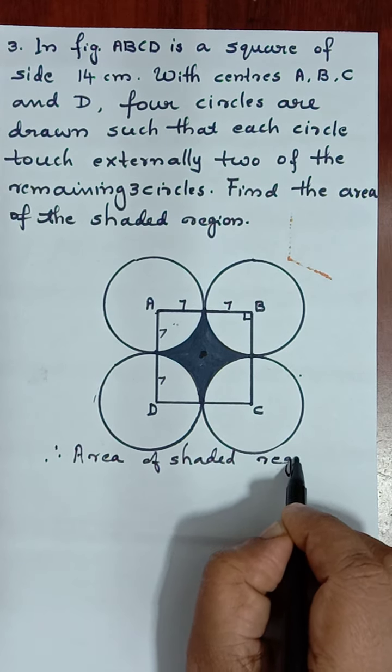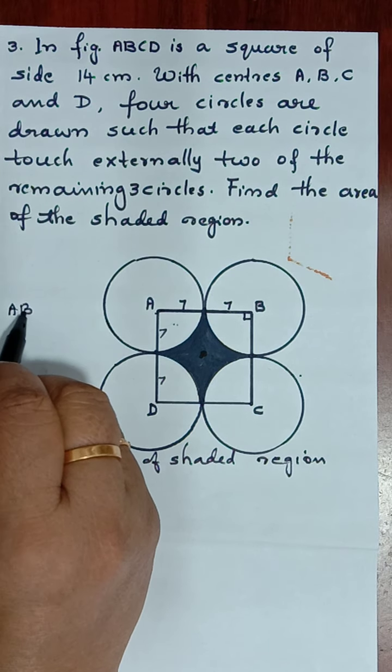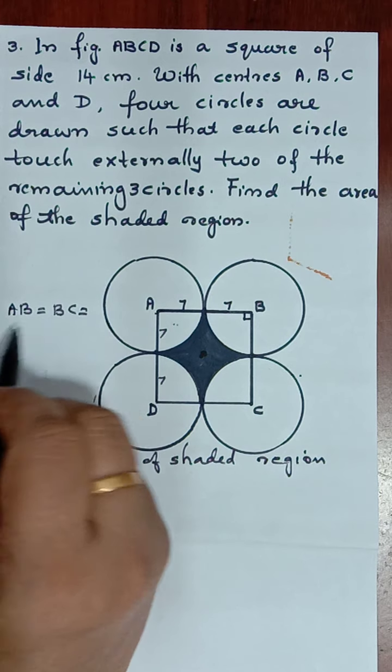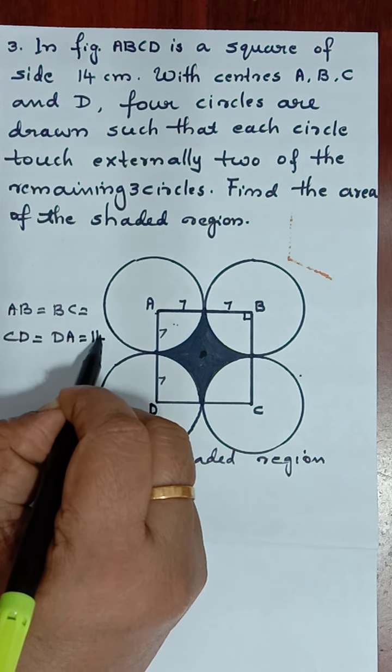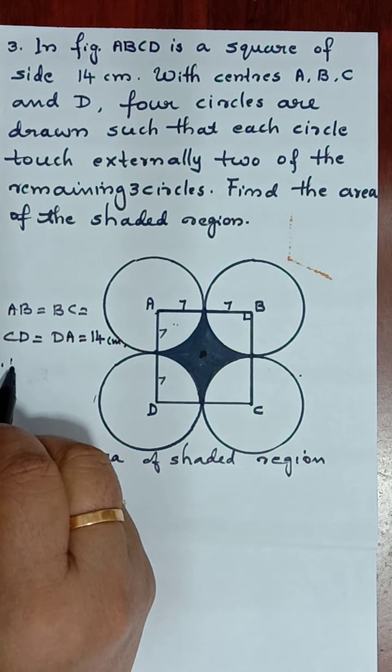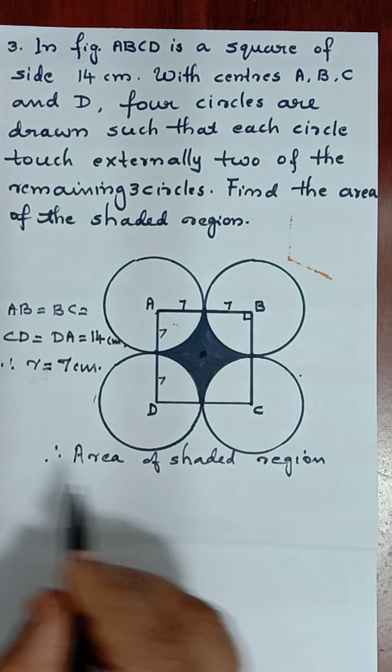Okay, therefore directly we can write area of shaded region. Here we can mention side AB equal to BC equal to CD equal to DA, that's equal to 14 centimeter. Therefore, radius equal to 7 centimeter. That will be better.